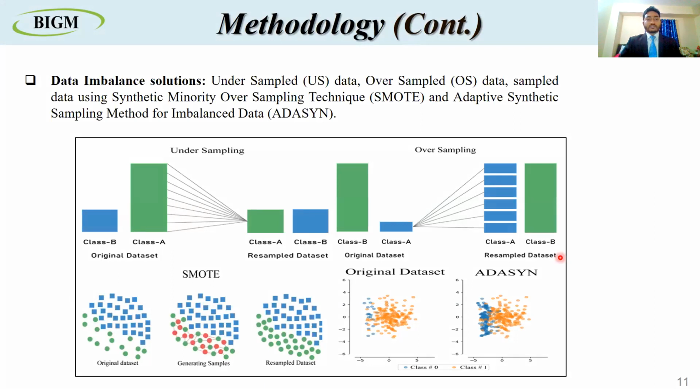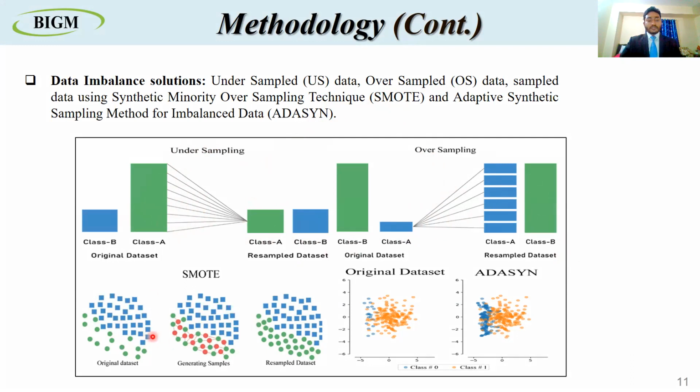Our data imbalance solutions are the undersampled, oversampled, SMOTE, and ADASYN datasets, where undersampling reduces the observations from the majority class to balance with the minority class. On the other hand, oversampling just replicates observations from the minority class to balance with the majority class.